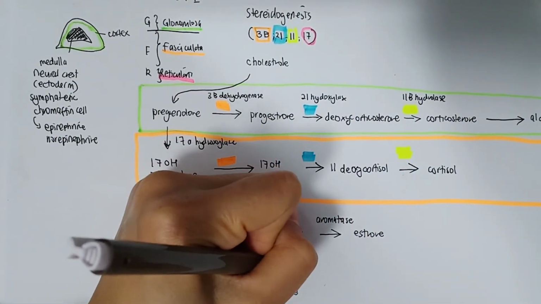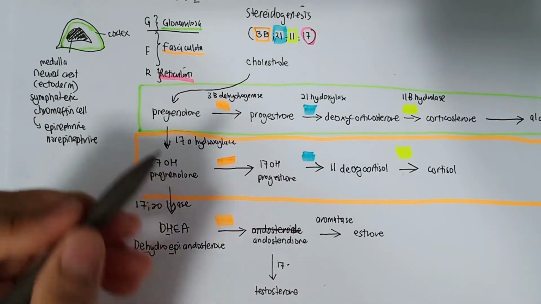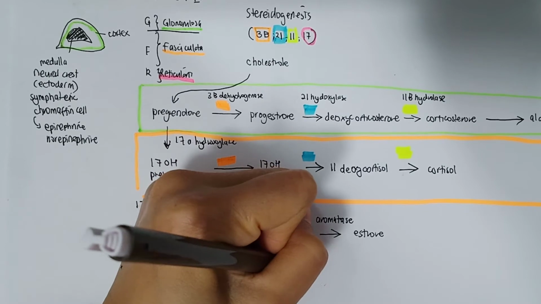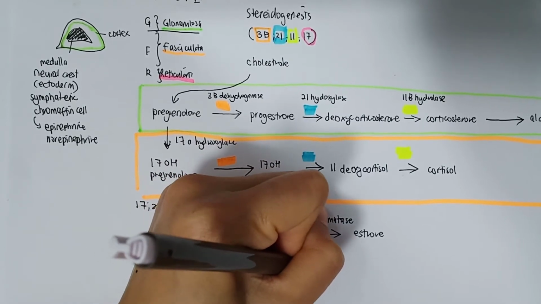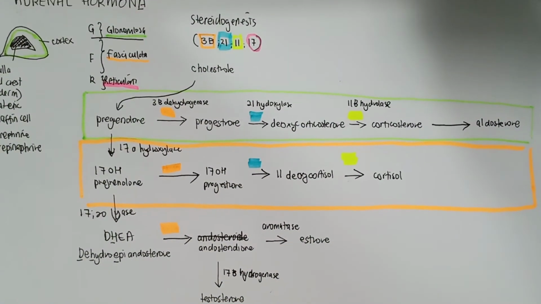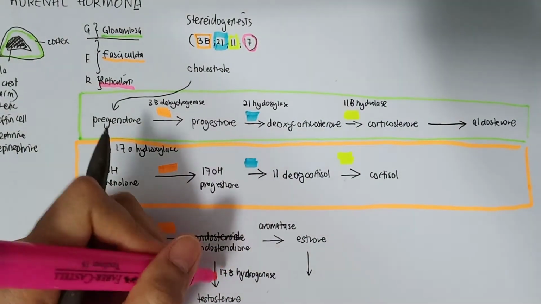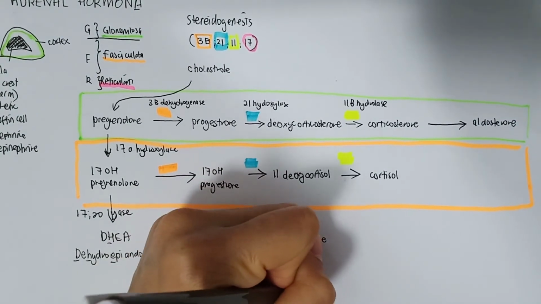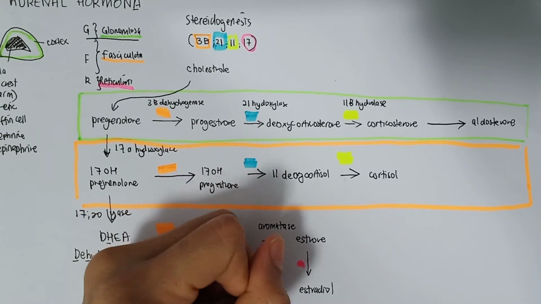17. We have alpha here, so 17-beta hydroxysteroid dehydrogenase. The same enzyme helps the conversion of estrone into estradiol, which is the most important during the reproductive age.